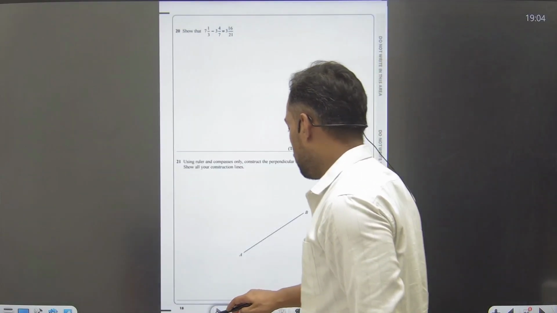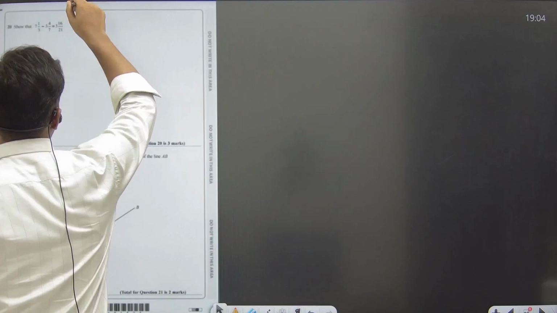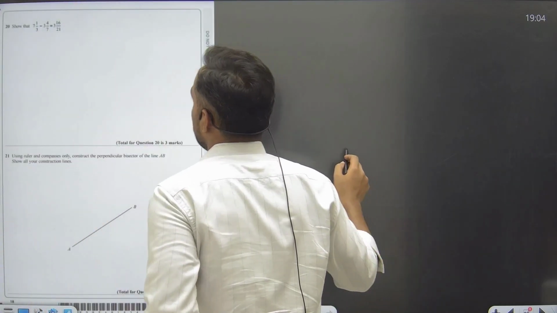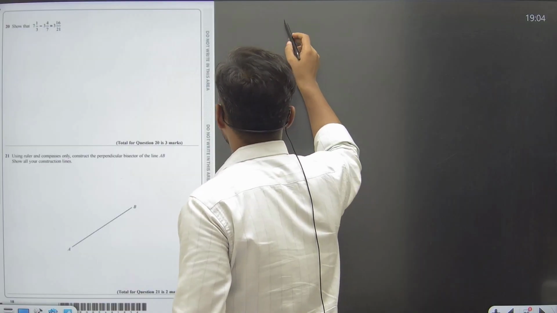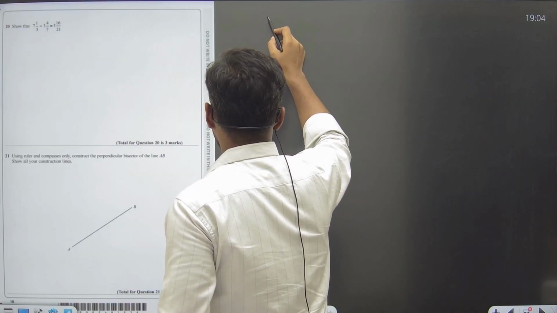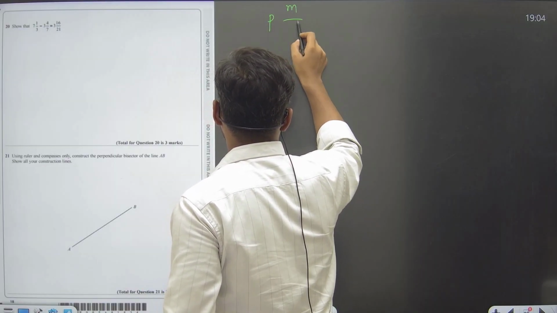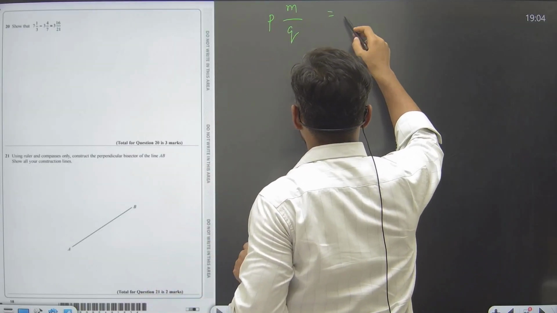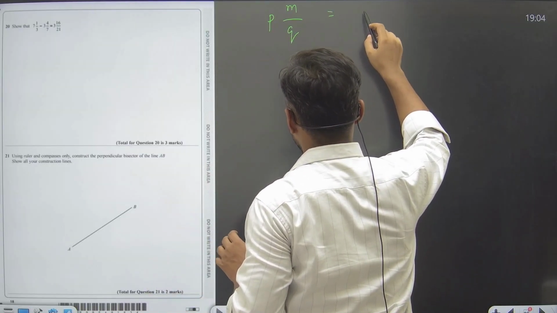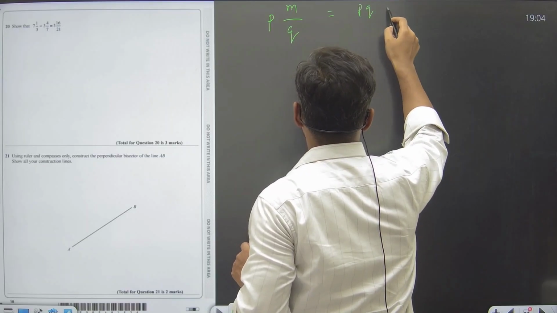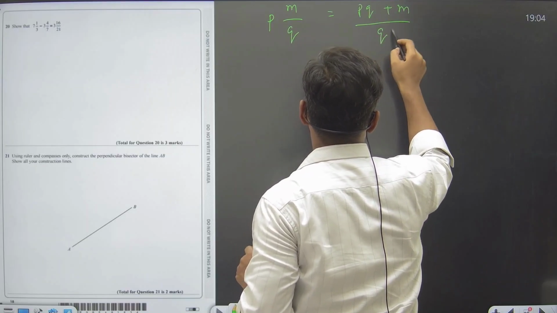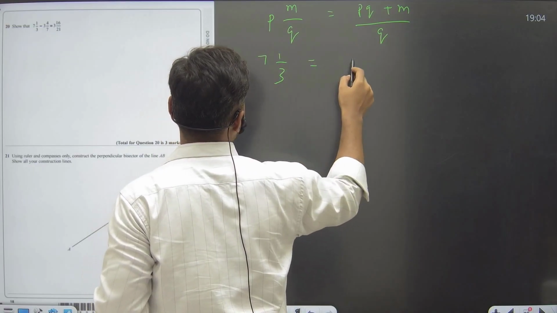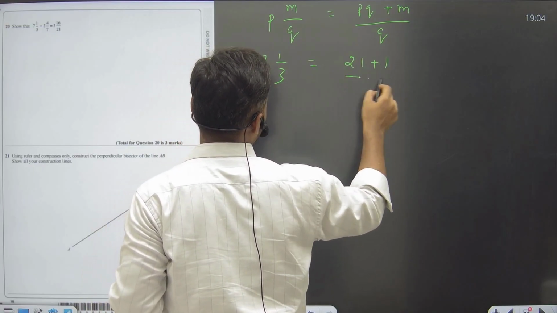Then you will get to know that it is a transformation case and it is of 180 degrees. Now let's come to the next question, that is 7 whole 1 by 3 minus 3 whole 4 by 7 is equal to 3 whole 16 by 21. Those who don't know, for example, I'll tell you PM by Q. If this is a mixed fraction, we need to write it in fraction format, so it will be PQ plus M upon Q. Similarly, 7 whole 1 by 3 will be 21 plus 1 upon 3.